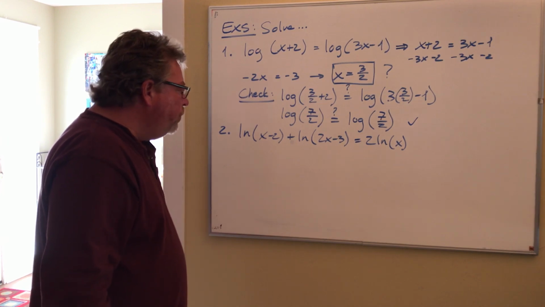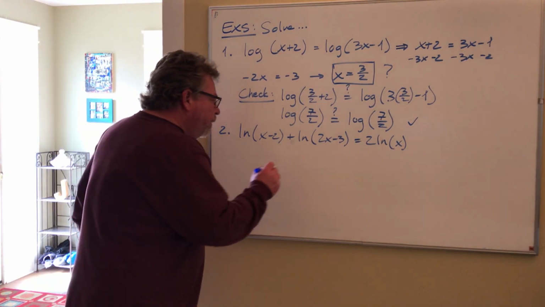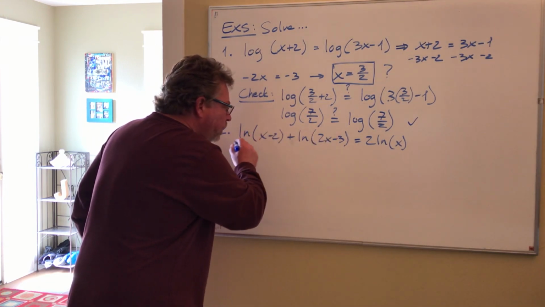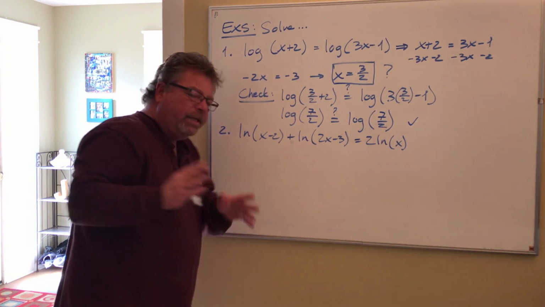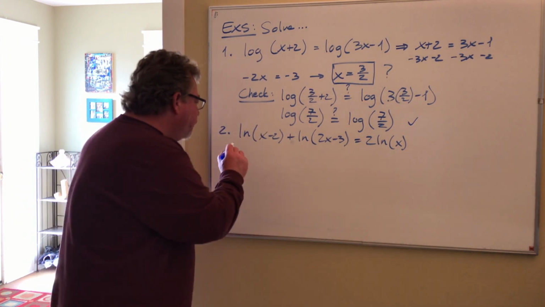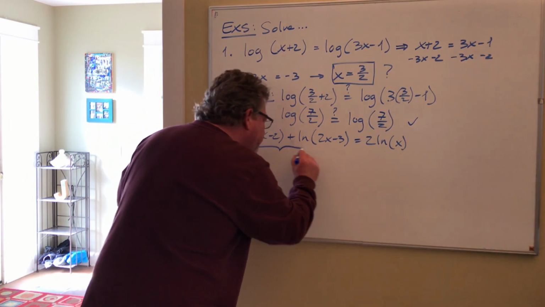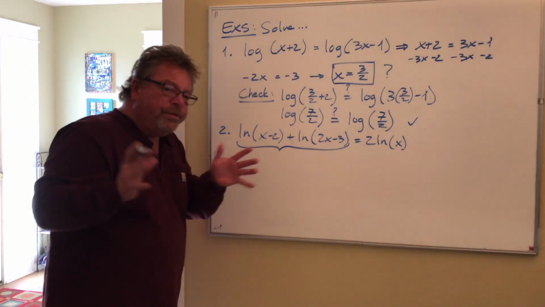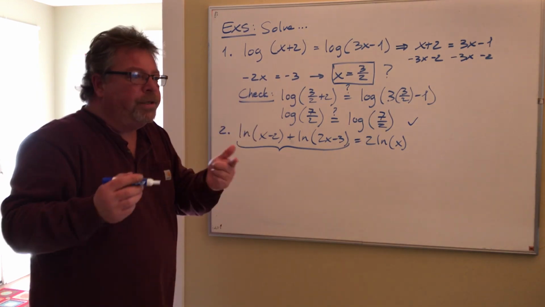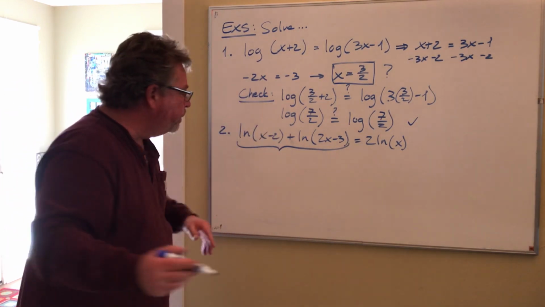The base is the same all the way through, so that's good. What I need to do is combine these two logarithms as a single logarithm because I want log equals log. So these two right here can be combined as a single logarithm using the properties of logs that we talked about a couple lectures back.